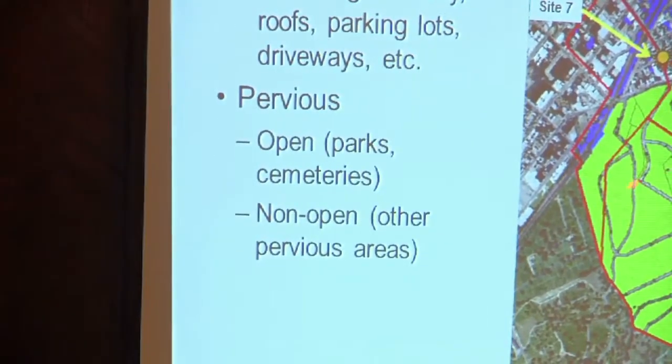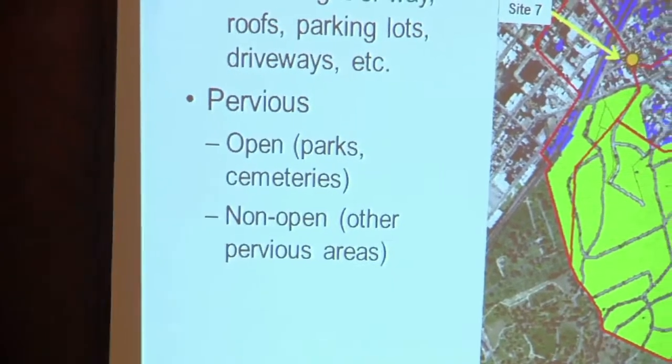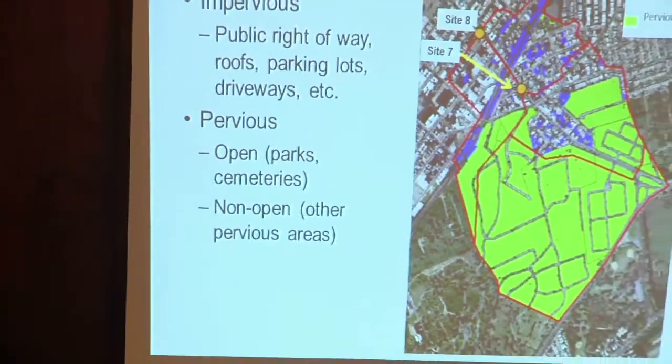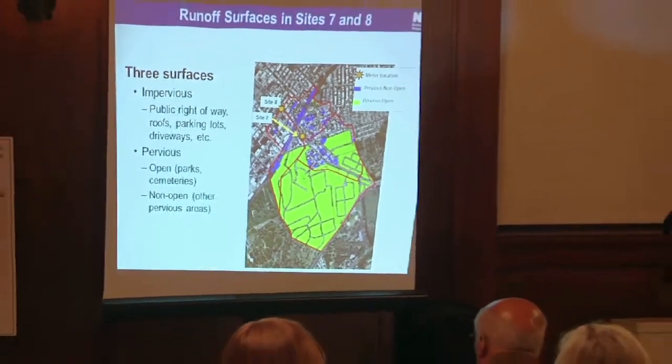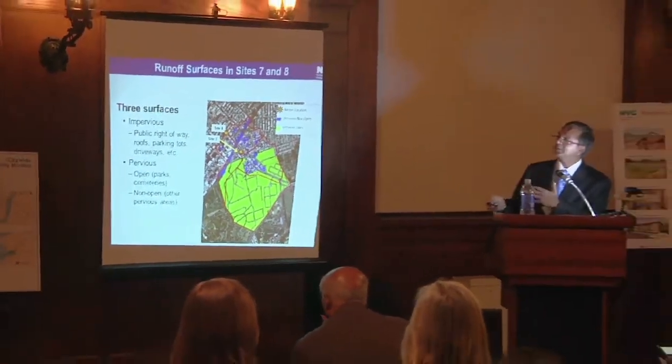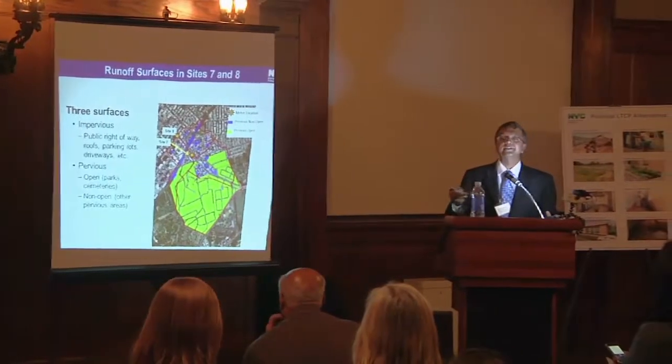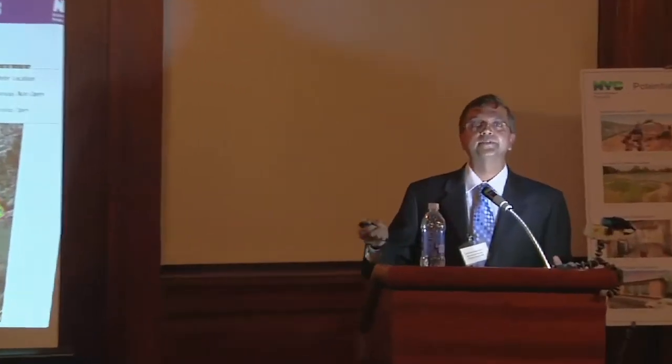One is the large pervious areas like cemeteries, parks, etc. that are not subject to a lot of compaction. Fewer people are going there as compared to residential lawns or commercial lawns and so on that are subjected to a lot more compaction. So we define them as open, that includes parks and cemeteries, and then non-open, the other type of pervious areas.